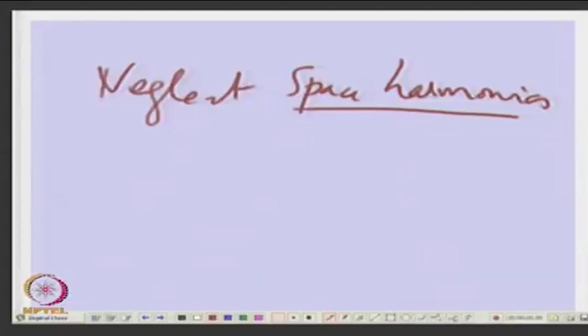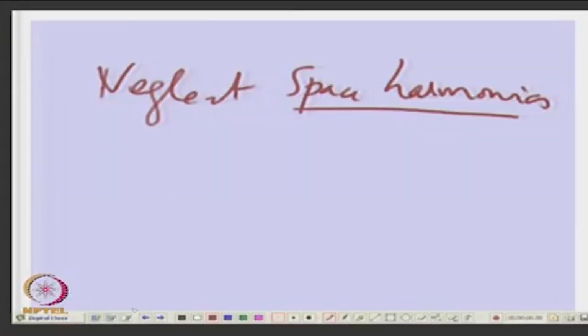The MMF wave may be trapezoidal or non-sinusoidal. So, if it is non-sinusoidal, there will be harmonics. So, we neglect the space harmonics. Space harmonics means it will have more number of poles. Fundamental has only 2 poles, third harmonic will have 6 poles. Okay. That is what is meant by space harmonic in the air gap, but we neglect that. Okay. So, neglect space harmonics.